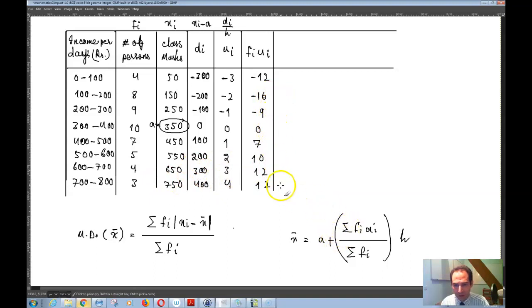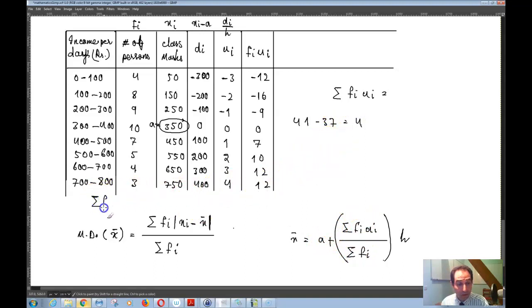Sigma f of i u of i: 28 plus 10 is 38, and 37 is negative, so 24 plus 10 plus 7 is 41, and 41 minus 37 is equal to 4.